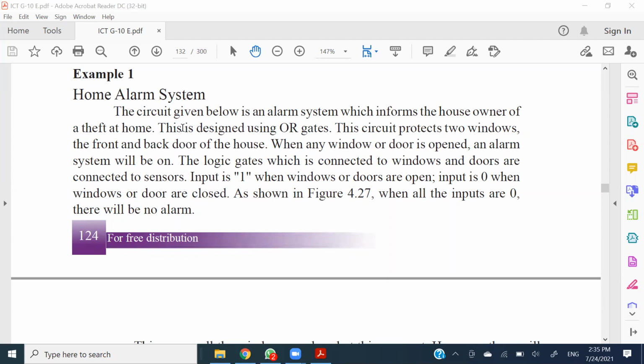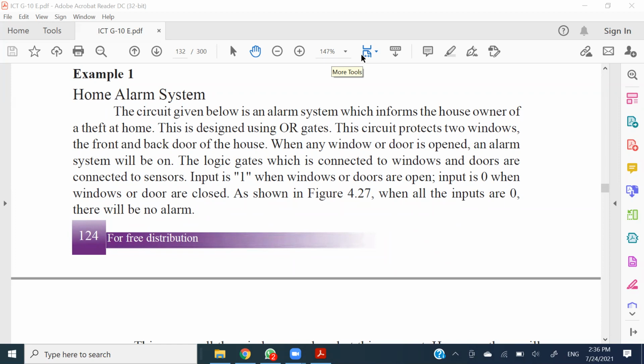So they are going to put a sensor on the two windows and the two doors, and they will be connected through the gates for the alarm to be buzzed.